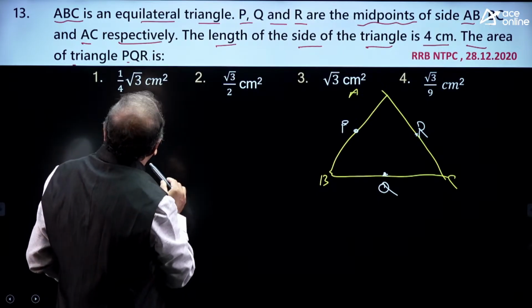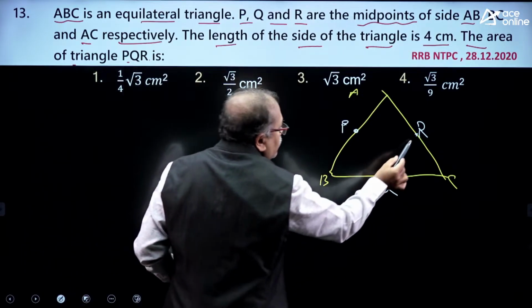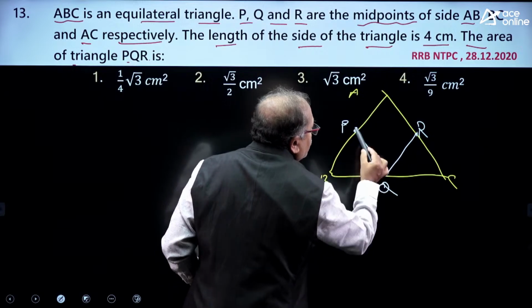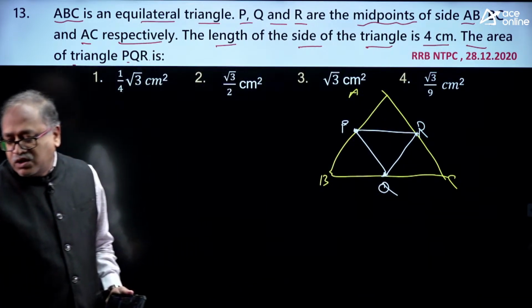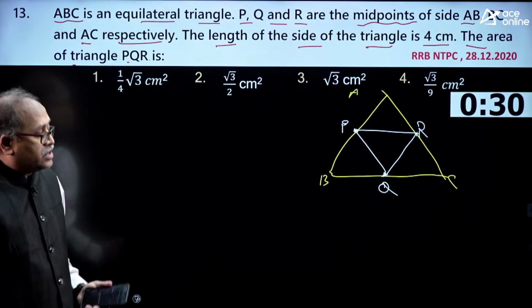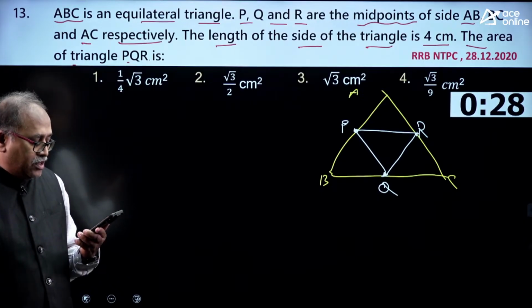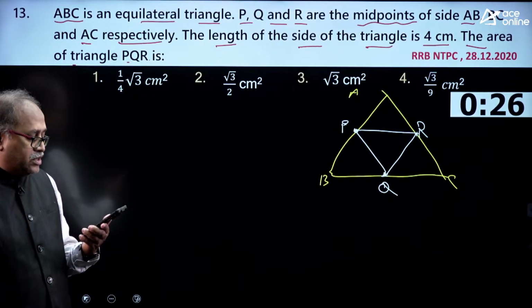What is the area of triangle PQR? So I am getting a triangle over here. Now let me give you 30 seconds, and let's see how many of you can answer this question.